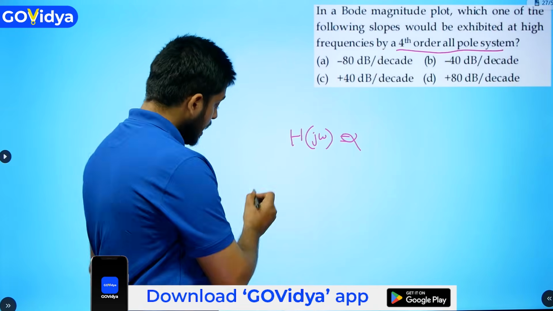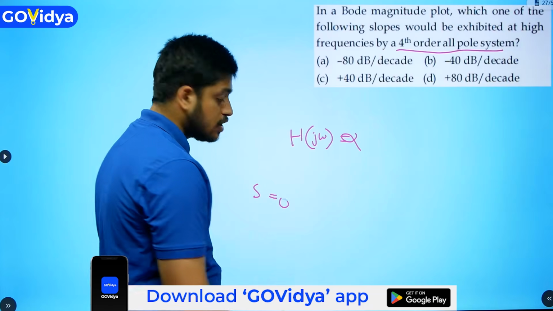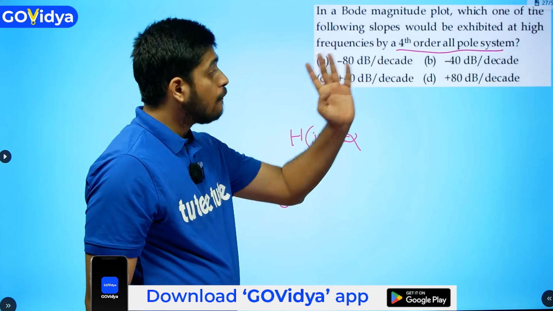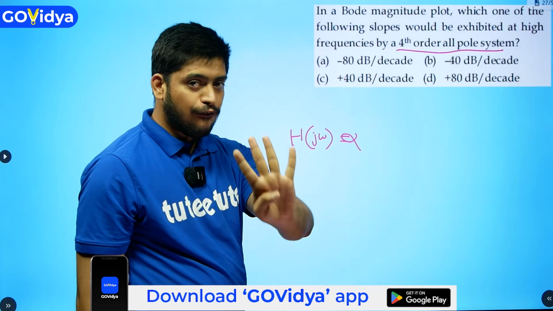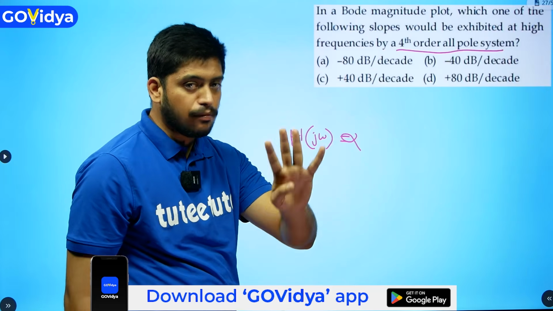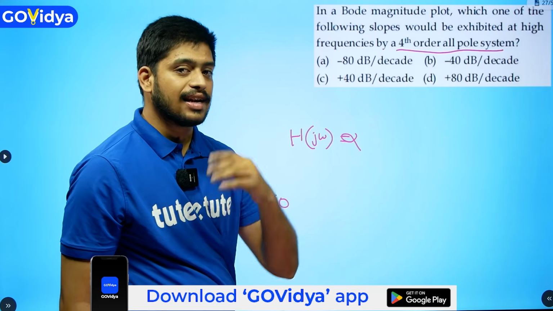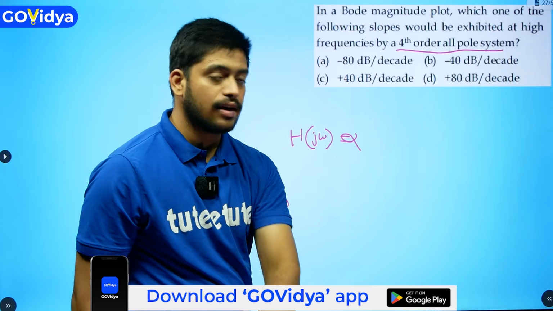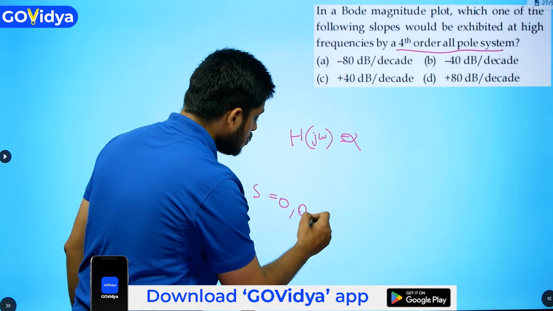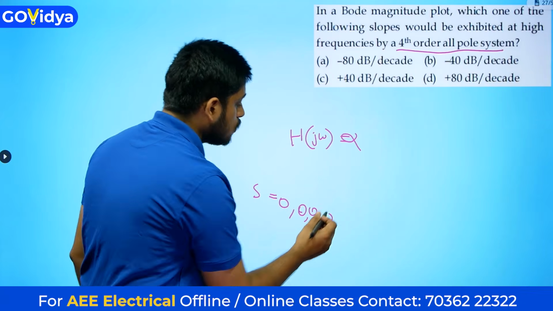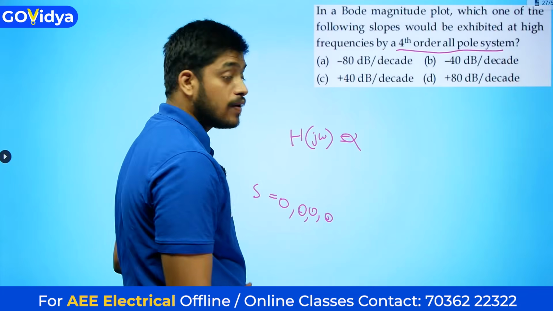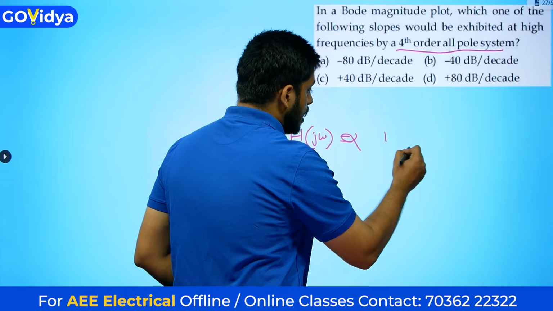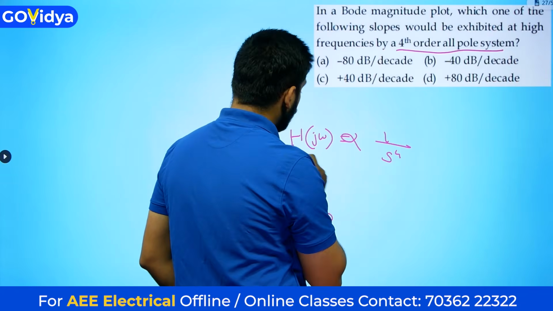I am assuming S equal to 0 as my pole, and fourth order in the sense I have 4 poles. There may be some or other poles, but I will consider 4 poles at 0 only, at the origin. So 0, 0, 0 and 0, 4 poles. So how will I represent it in a transfer function? It has 1 by s power 4.